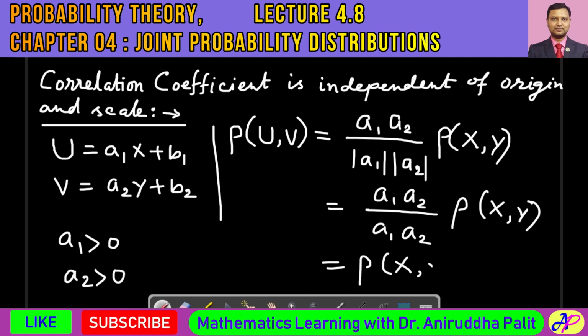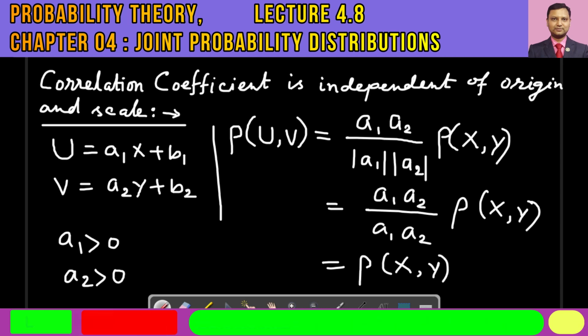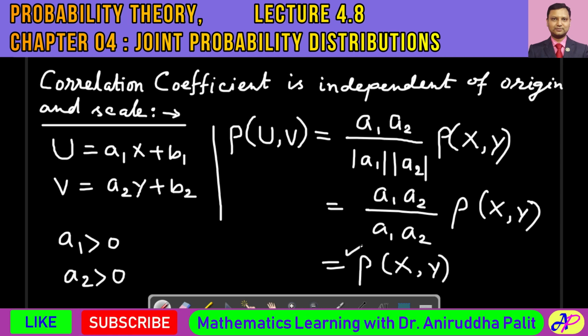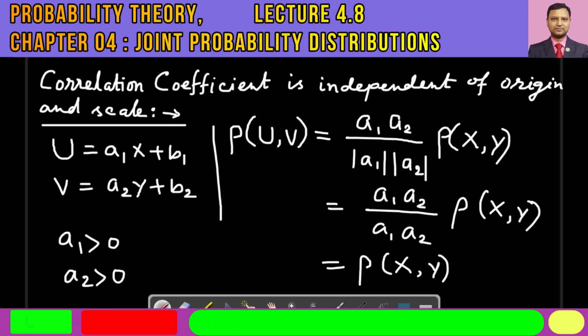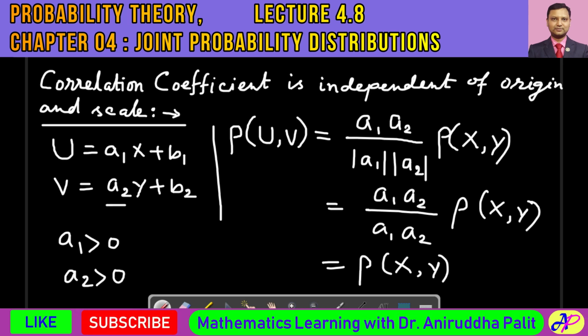So what we observe is that the correlation coefficient between x and y and the correlation coefficient between the transformed variables u and v, where transformed refers to change of scale as well as change of origin in x and y, are the same.